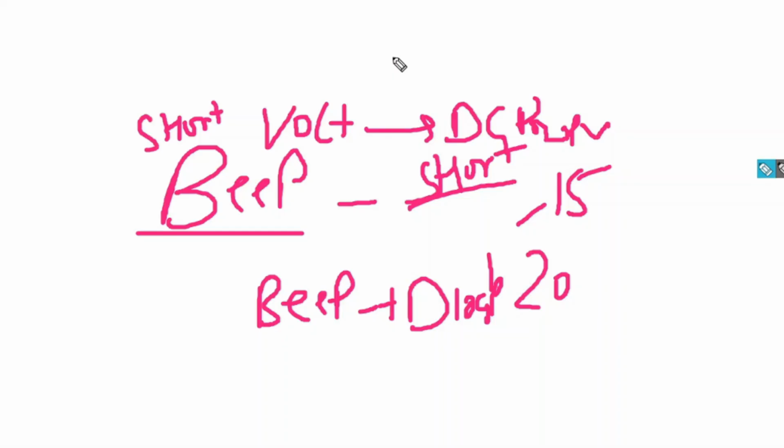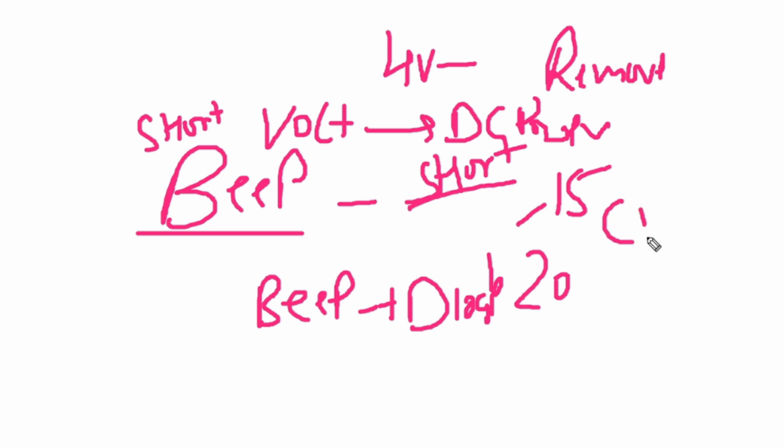Second, for this reason the voltage increases, right? Sometimes they increase the voltage to 4 volts, so as to remove the short easily. But in this case, because this supply, or you can say this line, is directly connected to the CPU, your CPU will be gone forever.